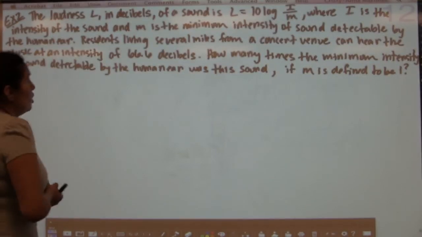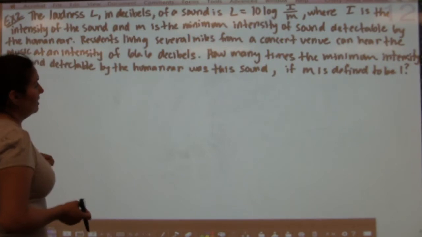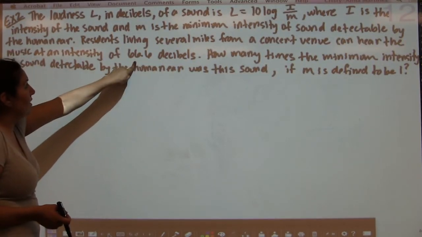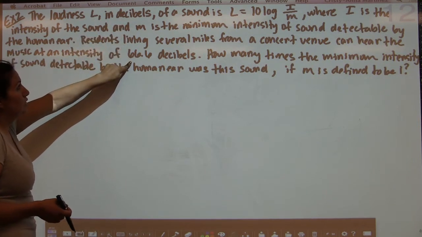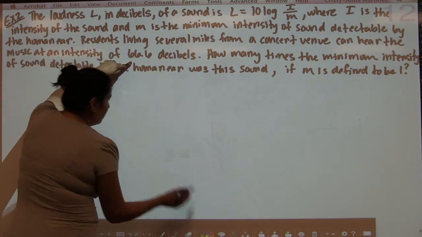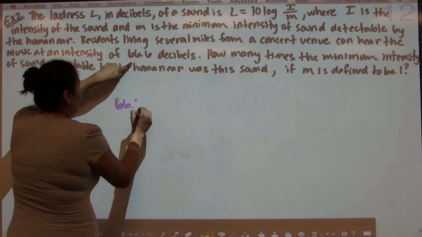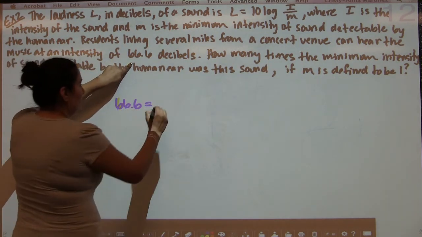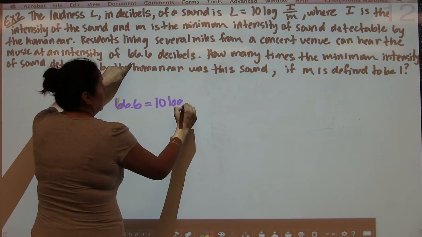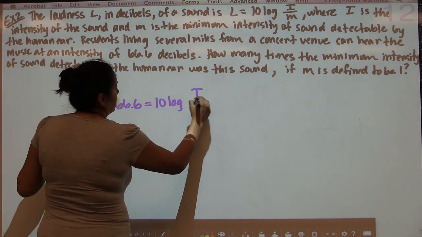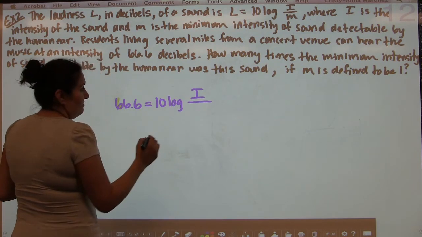So we know that the loudness was heard at 66.6 decibels. That's our L value, L in decibels. So 66.6 is going to replace the L in our equation. Then we have 10 log of the intensity, which is what we're looking for, if M is defined to be 1.